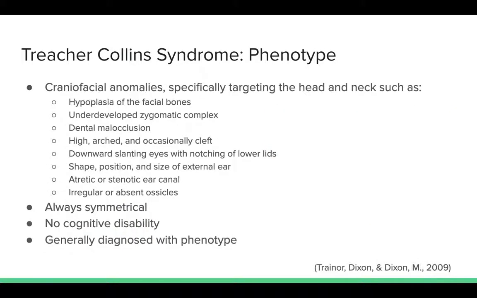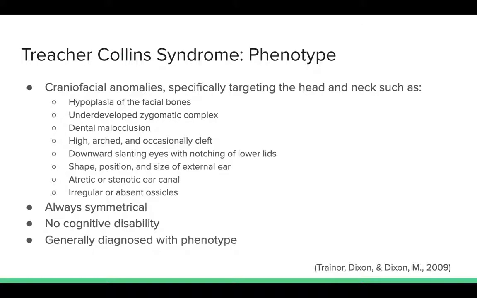So for the phenotype for Treacher Collins, it's very specific facial characteristics or phenotype that is expressed. These craniofacial anomalies are targeted around the head and neck region. Hypoplasia of the facial bones, meaning underdeveloped facial bones, which could cause a flat appearance around the mid-face region.